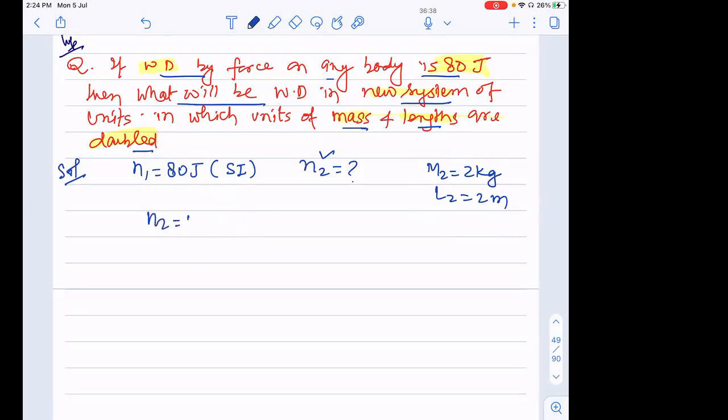N2 will be N1. अच्छा वर्क है तो डायमेंशन, we need the dimensions. Dimension remains same. वर्क के क्या आएगा dimensions? M1 L2 T minus 2. So therefore powers X, Y, Z होंगी. X will be 1.